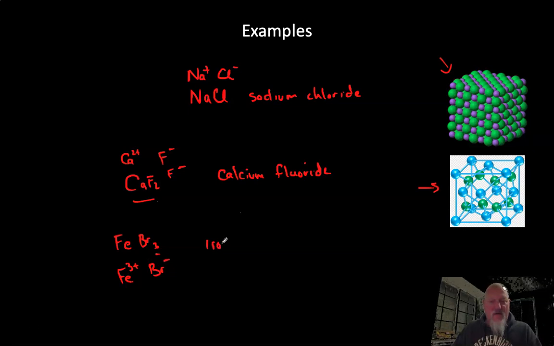So we're going to call it iron 3 bromide, because we have bromines by themselves. That's the only anion here, so we call it bromide. So iron 3 is Fe3+, bromide is Br-. So when we're naming ionic compounds, name the cation and name the anion.